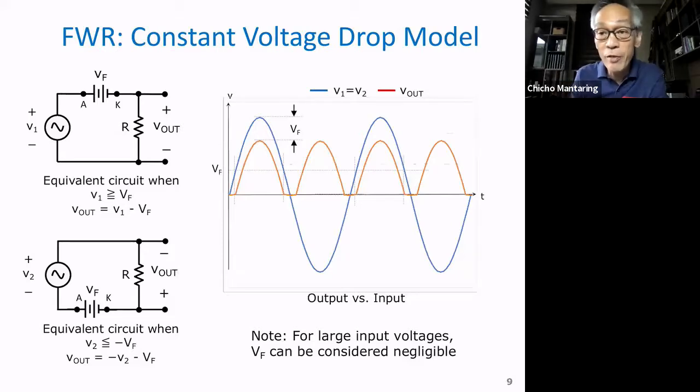You get the open circuit voltage. When does it conduct? When the open circuit voltage is greater than the forward voltage. And now you can replace it with its model. Okay, so you come up with this.